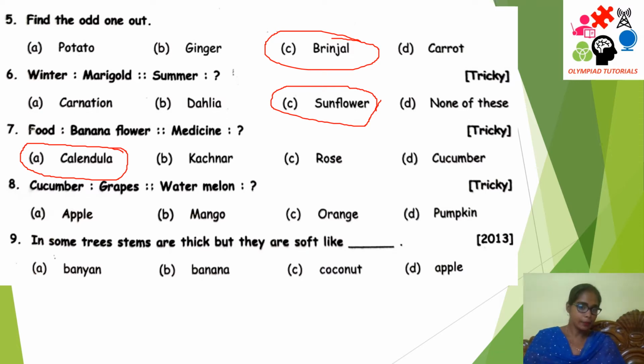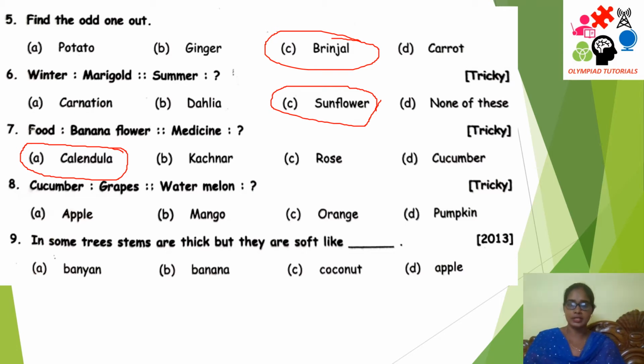Question number 8. Cucumber is to grapes, watermelon is to question mark. So your options are apple, mango, orange, pumpkin. Here you can see cucumber, grape and watermelon do not have a thick stem.